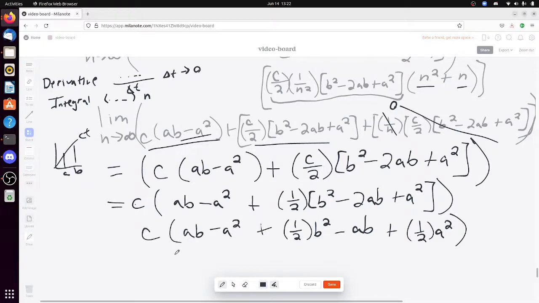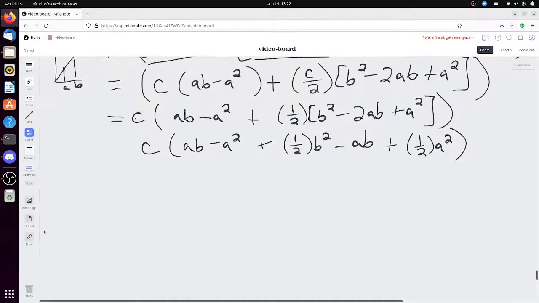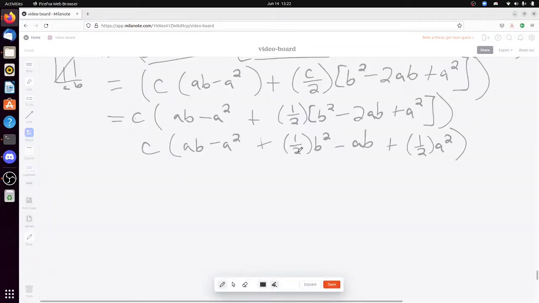All of this is going to be times c. So if we scroll down a little bit to get more room, you can see we're going to see if we can simplify any terms. So we have ab minus ab, so that's convenient. Those cancel out.